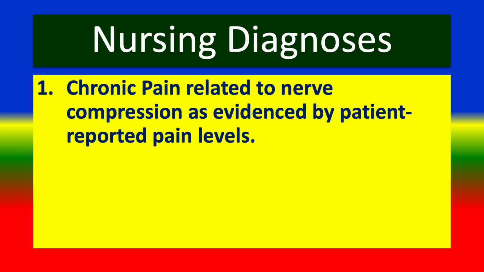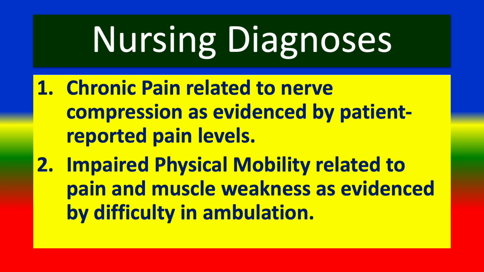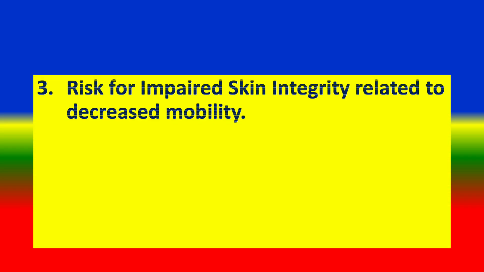Nursing diagnosis. 1. Chronic pain related to nerve compression as evidenced by patient-reported pain levels. 2. Impaired physical mobility related to pain and muscle weakness as evidenced by difficulty in ambulation. 3.